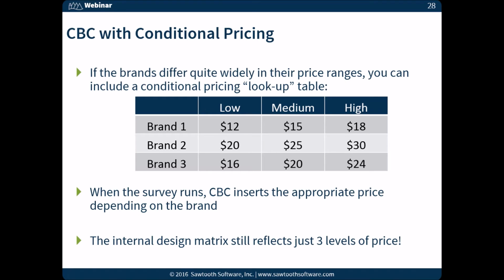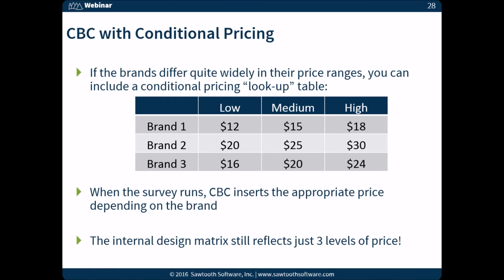And we can include this conditional pricing, or what we call a lookup table, within Sawtooth Software's Lighthouse Studio so that when the survey runs, the software actually inserts the appropriate price depending on the brand. So we fill out this table, and then every time brand 1 appears, for price, instead of showing the level quote-unquote low, we actually see the price of $12, versus when we see brand 3 at the low price, we actually see a price of $16.